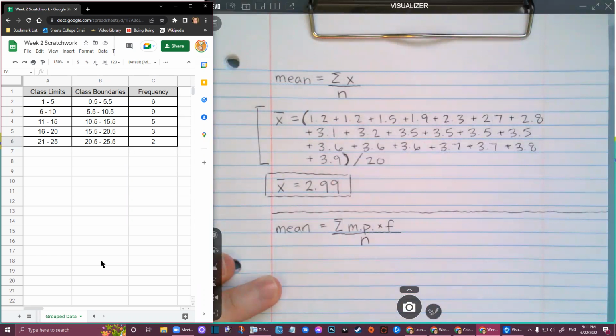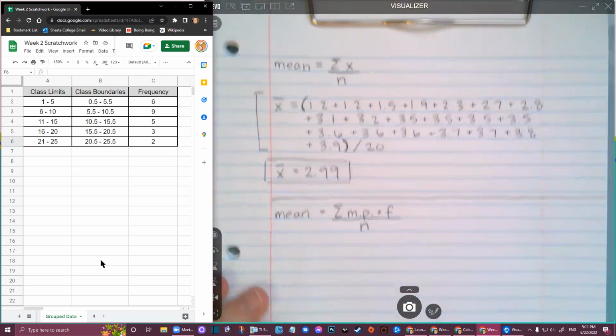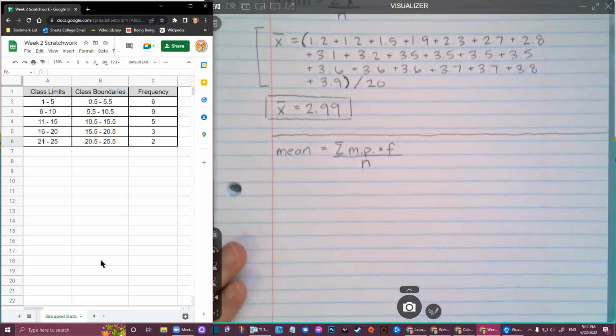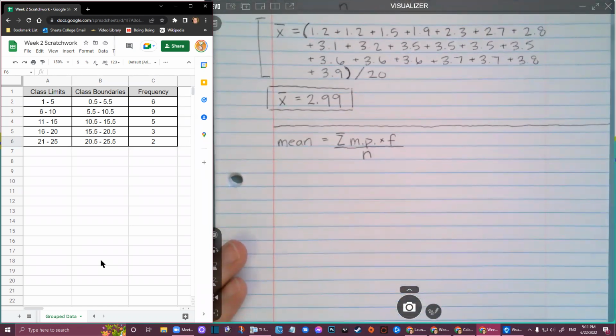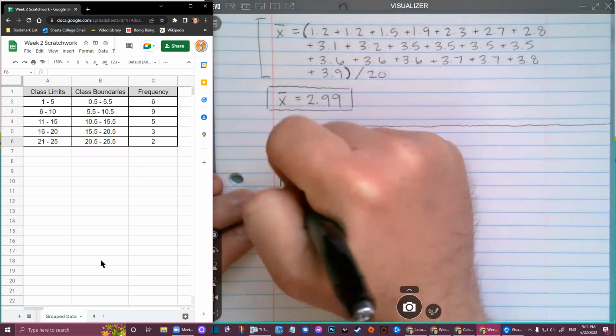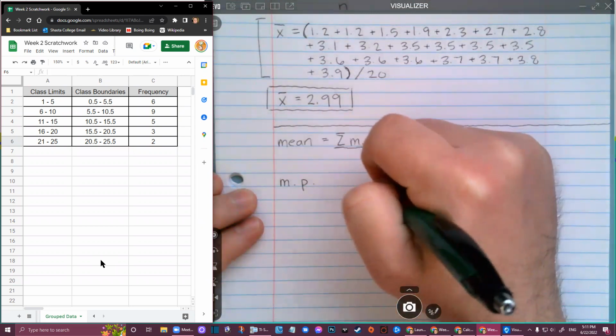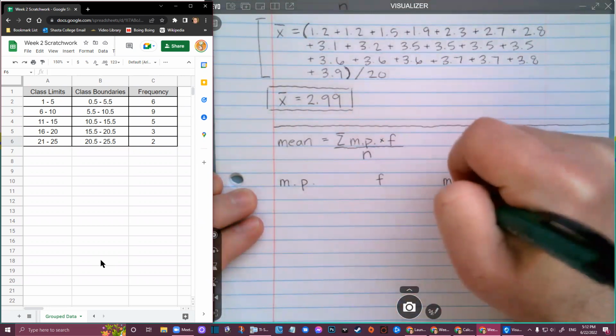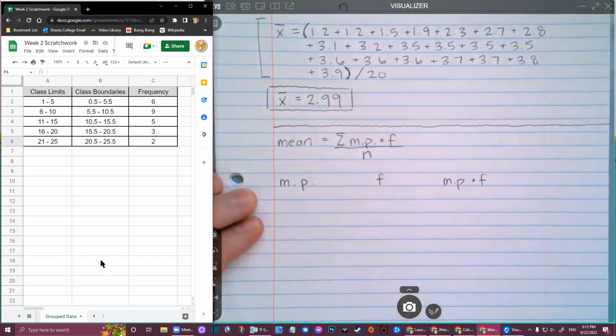When I'm doing grouped data by hand, I prefer to either add on to the table that exists, or in this case, draw a new table for the midpoints and the frequencies and then their product. So midpoint, frequency, midpoint times frequency.